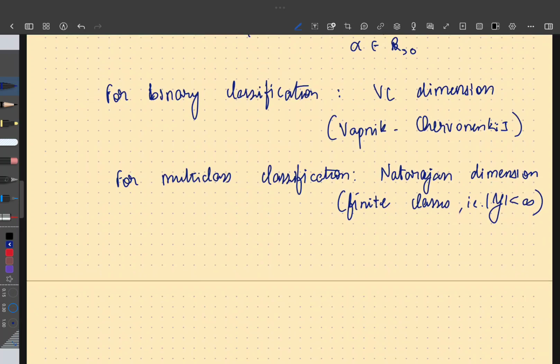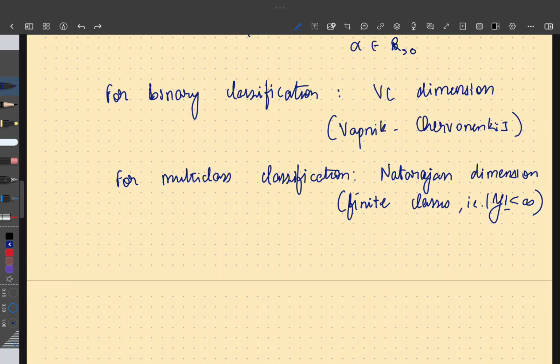There are reasons why people look at these things using different approaches, but let's not worry about that. Effectively, for us, as long as the label set is finite, they're all the same. As long as this quantity called the Natarajan dimension is finite, it is PAC learnable. If it is infinite, then it is not PAC learnable.